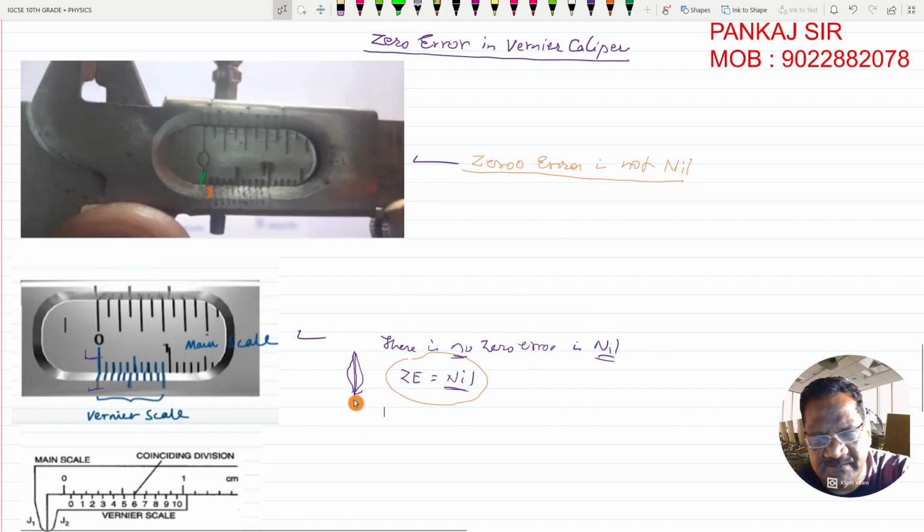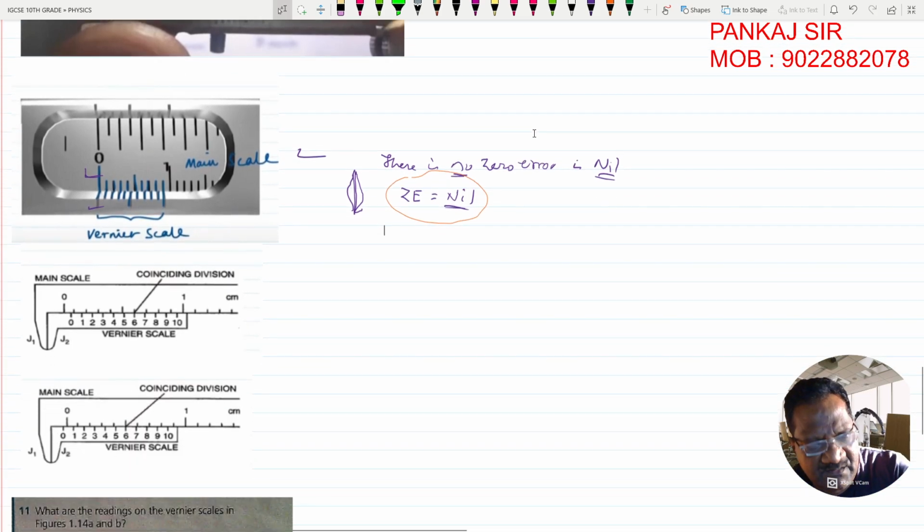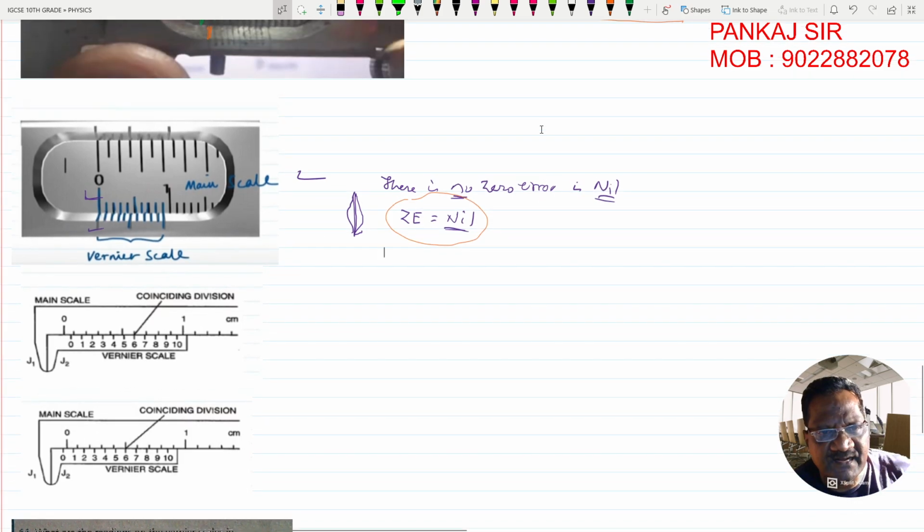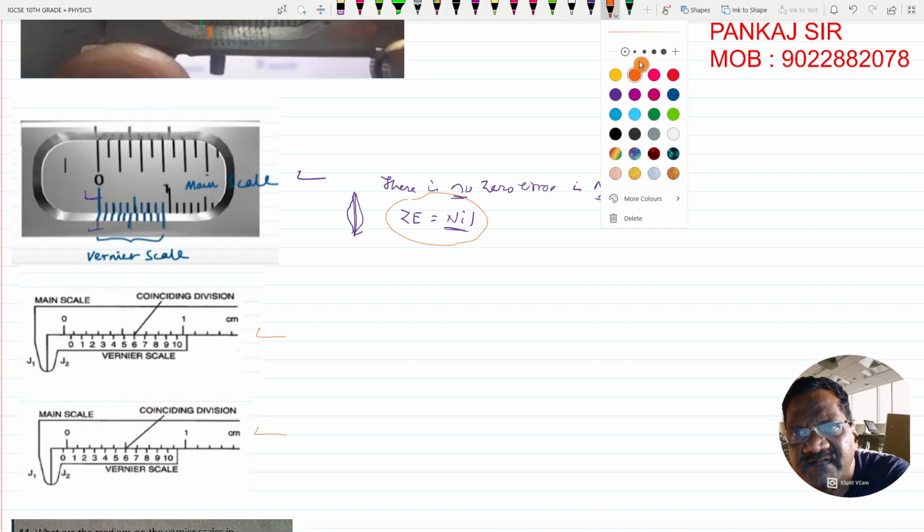Now, if you go ahead and see two more diagrams over here, that is the third diagram and the fourth diagram. If you see these two diagrams carefully, you will observe that both these diagrams are showing a purple color, right?